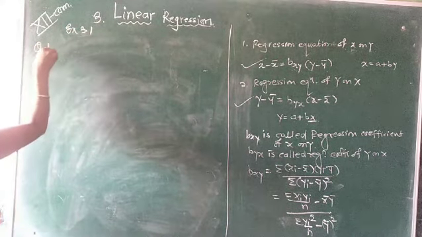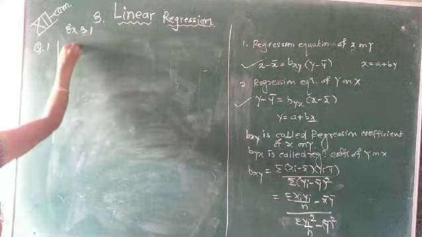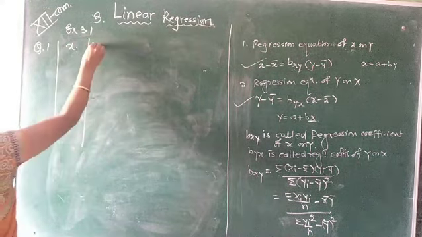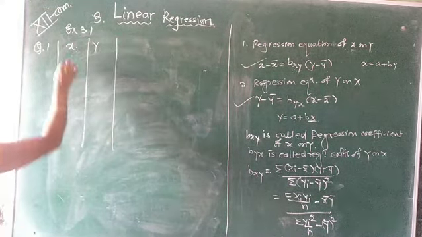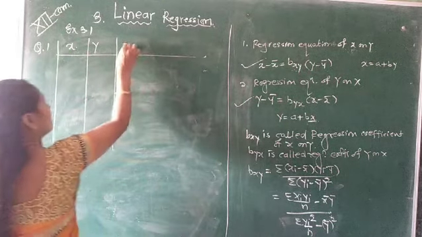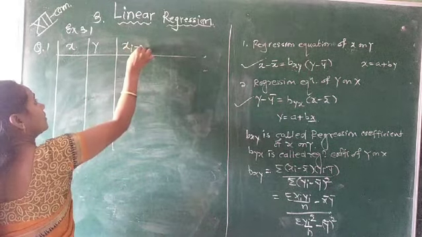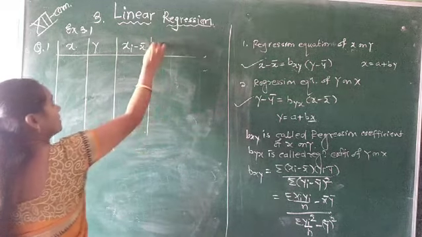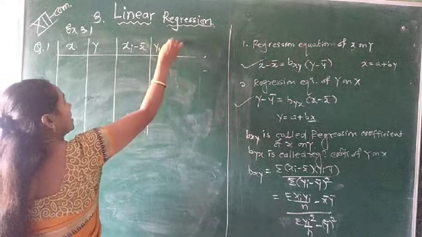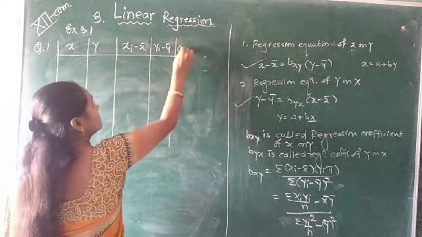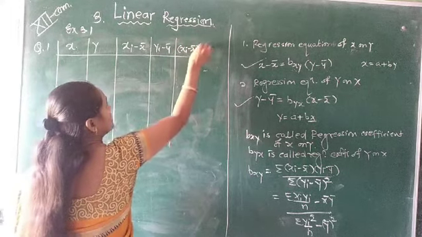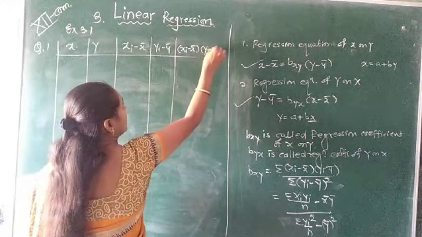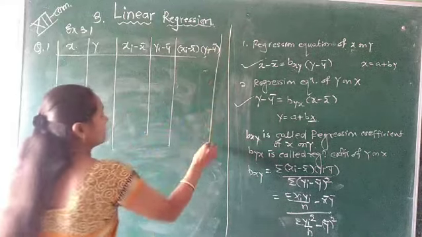3.1 question number 1. The first column is x and the second is y. Then xi minus x bar, and here we take yi minus y bar. Then we take xi minus x bar into yi minus y bar.